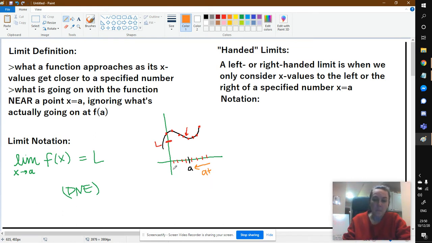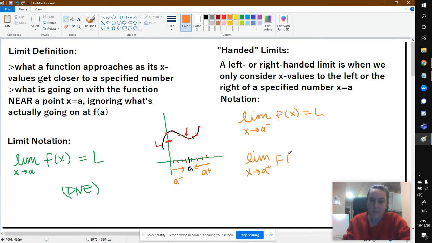And if we only care about the left side, it's a superscript minus. The notation is you still have limit, x approaches a from the left of f of x equals some limit, or the limit as x approaches a from the right side of f of x equals some other limit.